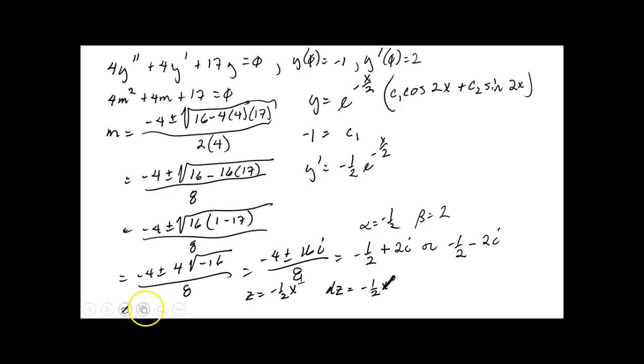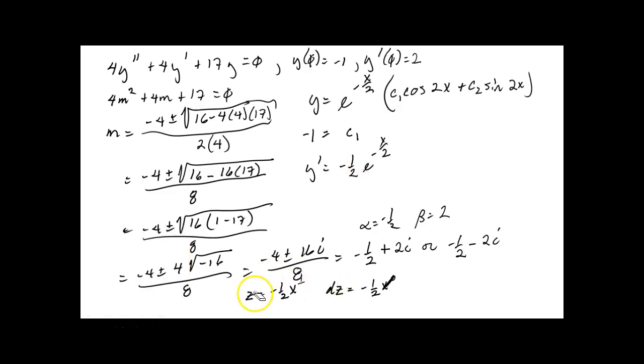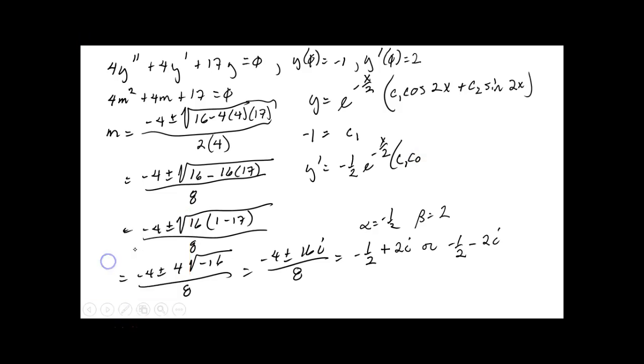So that's the derivative of the first, times the second. C1 cosine, well, we already know what C1 is, minus 1. So let's just plug that in to keep from having to write all that.